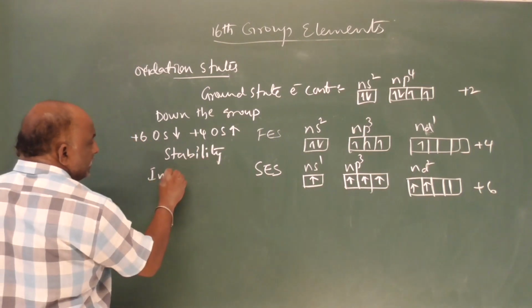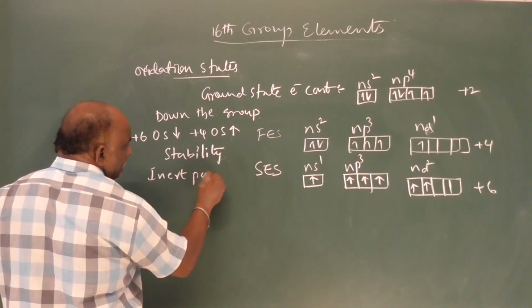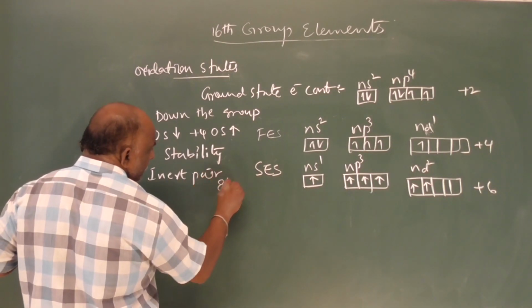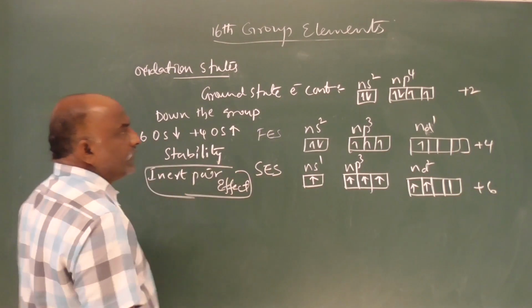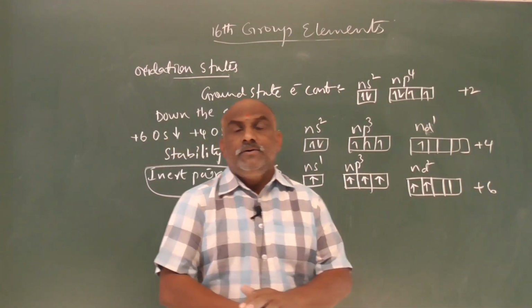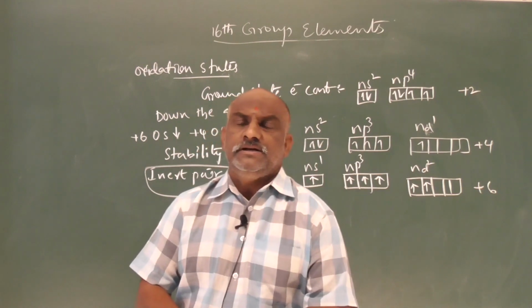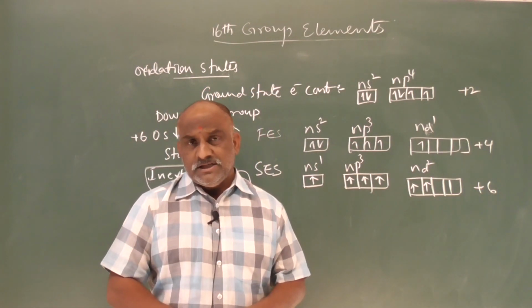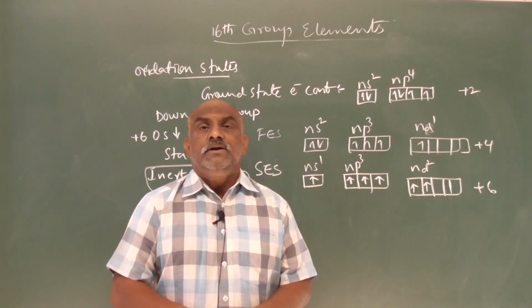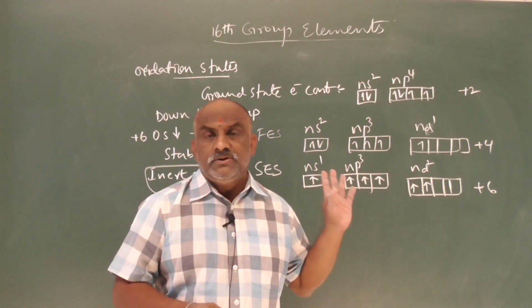It is due to the inert pair effect. Due to the inert pair effect, in heavier elements the stable oxidation state is less than the group number by 2 units.